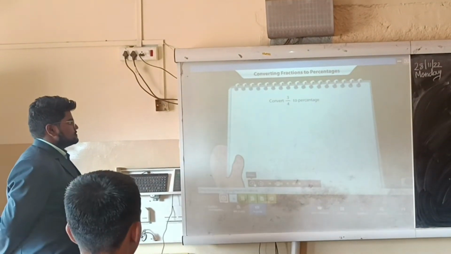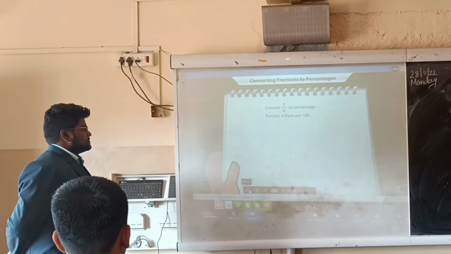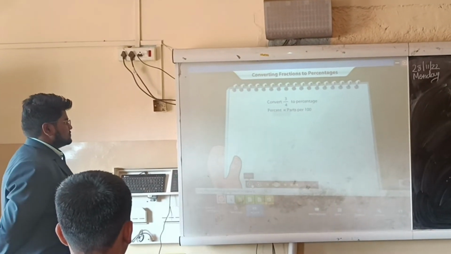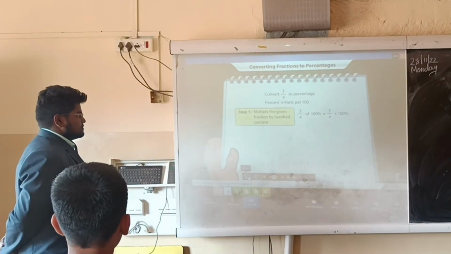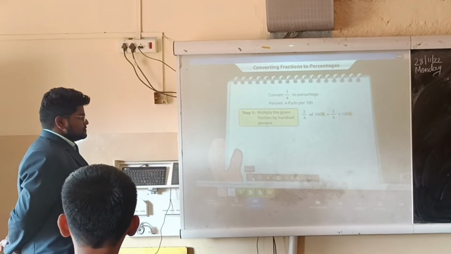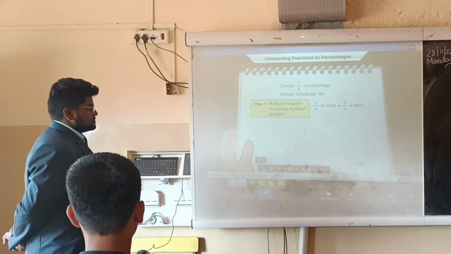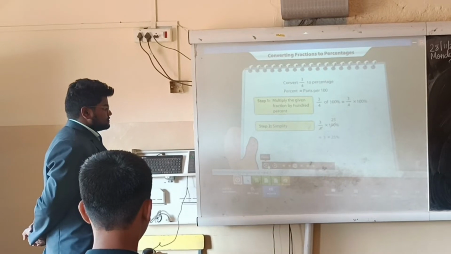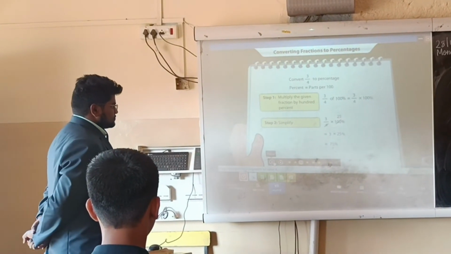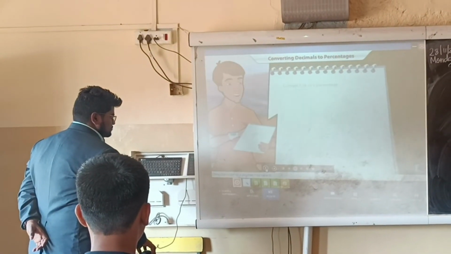So by converting 3/4 to percentage, we are actually finding out 3/4 of 100. So, multiply the given fraction by 100%. Remember to put the percent symbol beside 100. Then, simplify and write the answer as percent. So, 3/4 is equal to 75%.